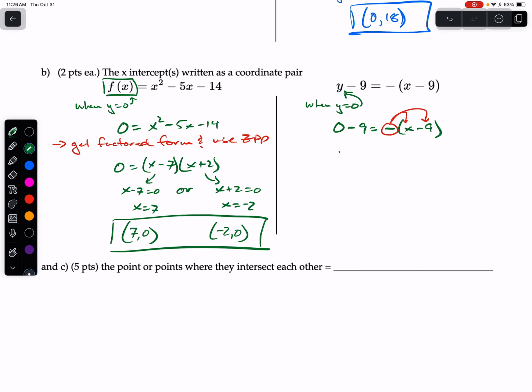So this becomes negative 9 equals negative x plus 9. So let's subtract 9 from both sides. And we get negative 18 equals negative x, which means x equals 18. So our point is 18 comma 0.